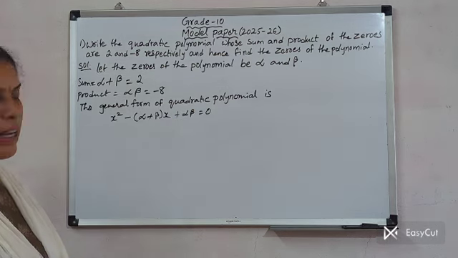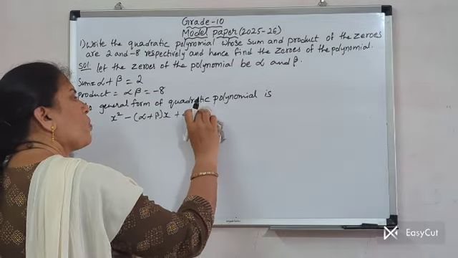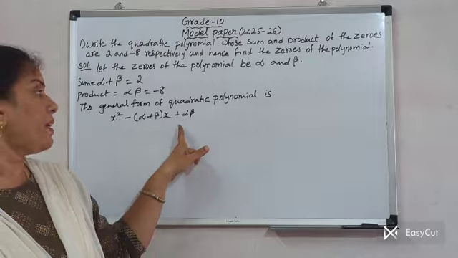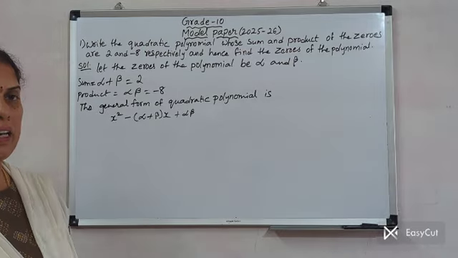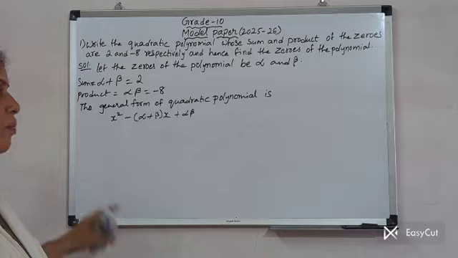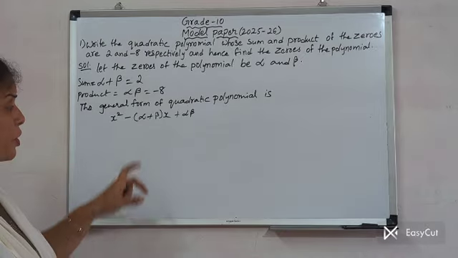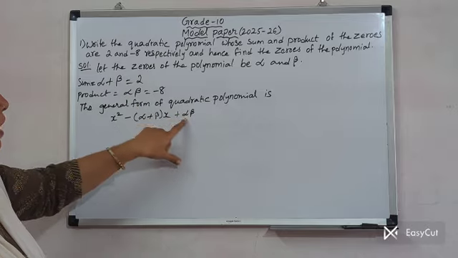All of you understood children? x square minus, what is the general form? x square minus alpha plus beta into x plus alpha beta. This is the general form for the quadratic polynomial. I am substituting here the alpha plus beta value and alpha beta value.